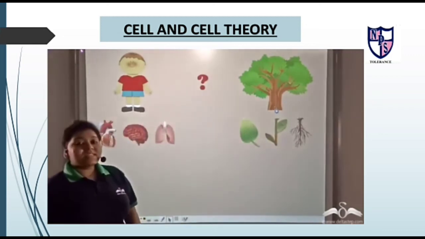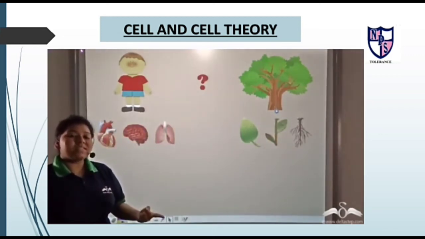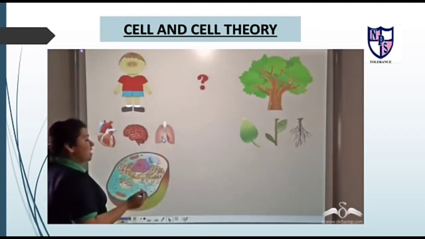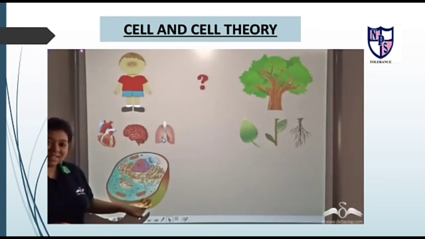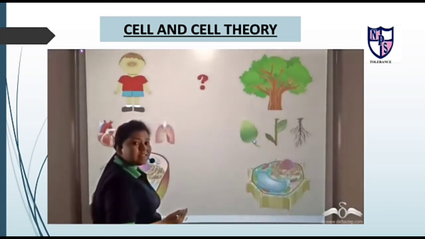Now these organs are in turn made up of individual units known as cells. So animals are made up of animal cells and plants are made up of plant cells.